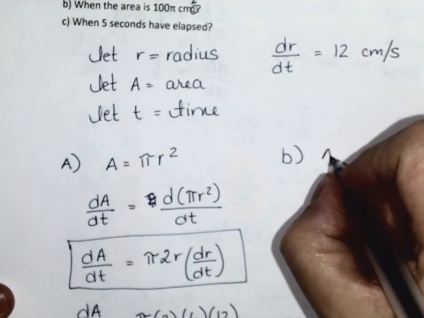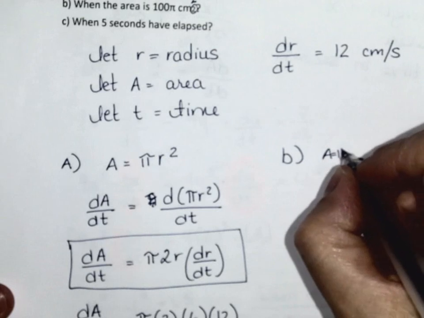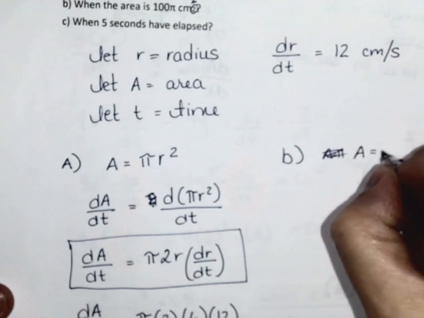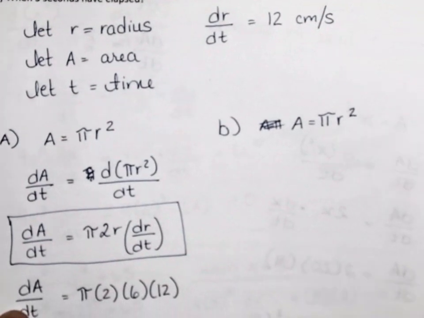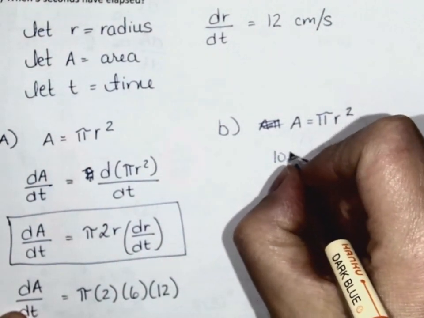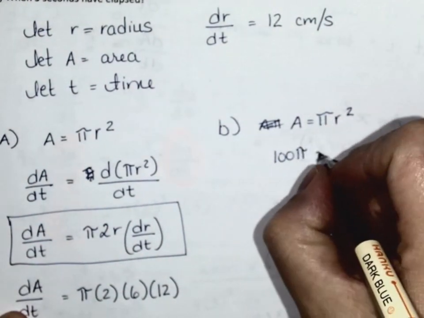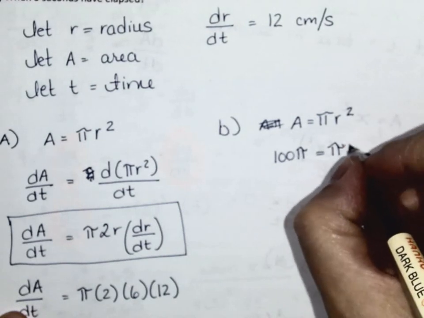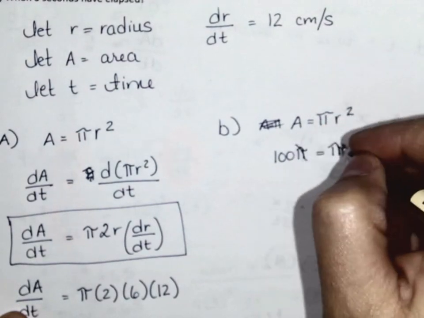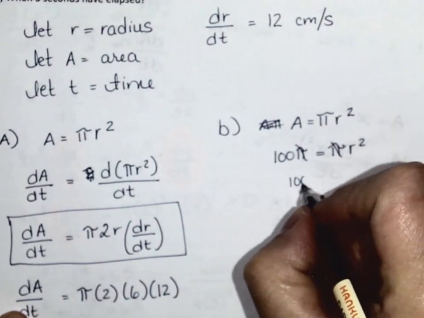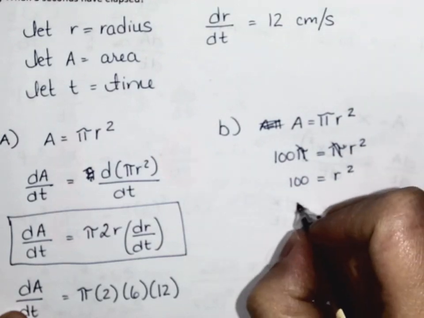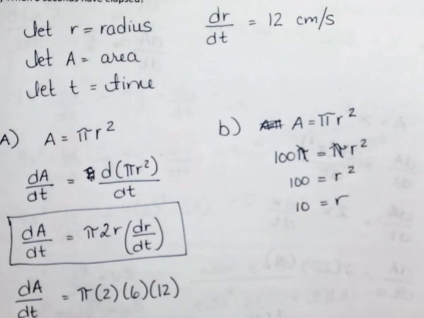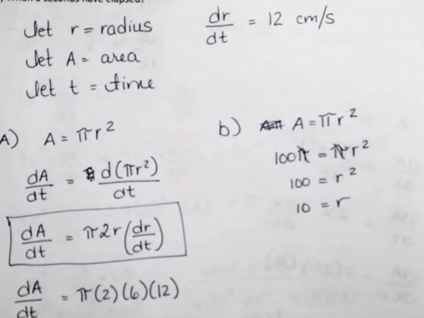So we said that area is equal to pi r squared, and we happily know that our area is 100 pi. I skipped some steps there.